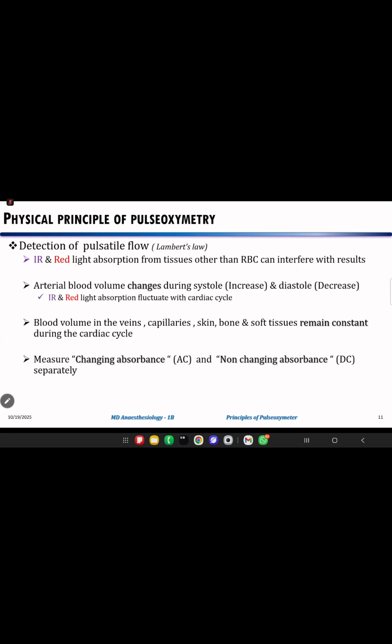Blood volume within the veins, capillaries, skin, bone, and soft tissues remains constant during the cardiac cycle. Therefore, it's important to measure these changing absorptions in the arterioles and the non-changing absorptions in the other tissues separately, to differentiate the oxyhemoglobin and the deoxyhemoglobin.